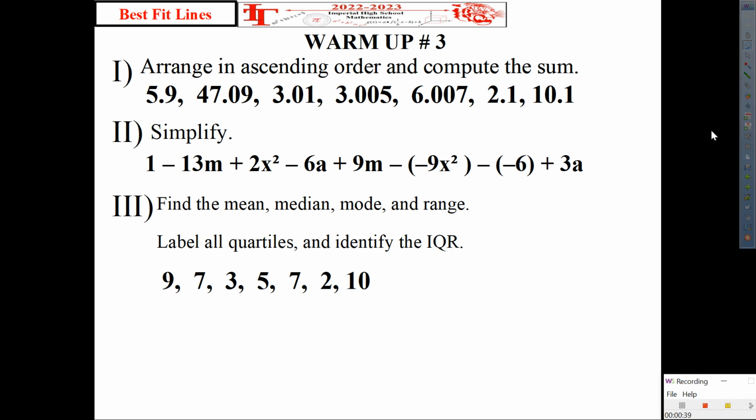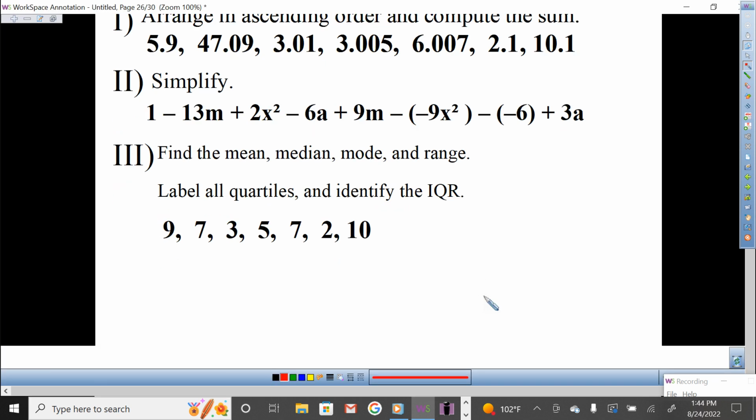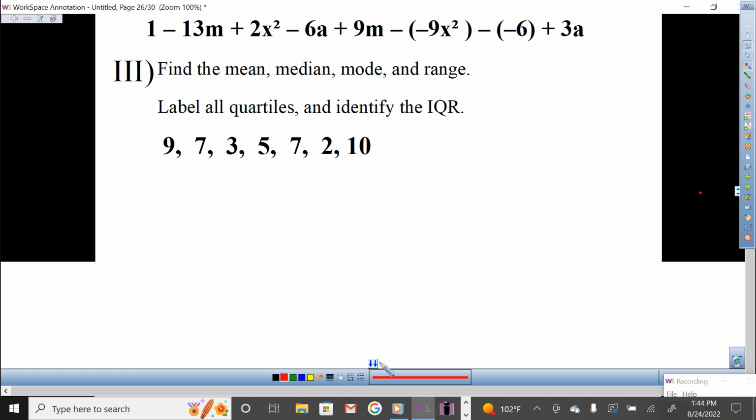All right, let's see what we got for number 3. Start with mean, median, and mode.